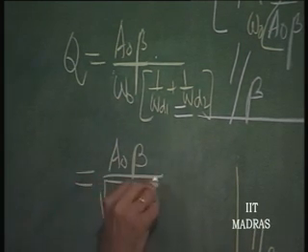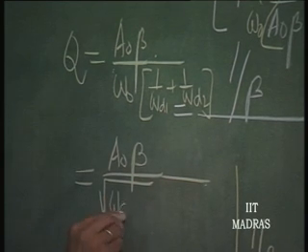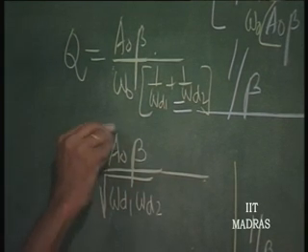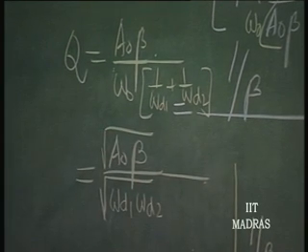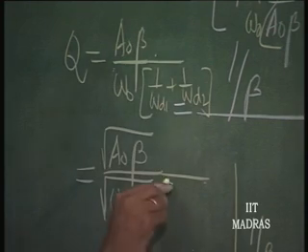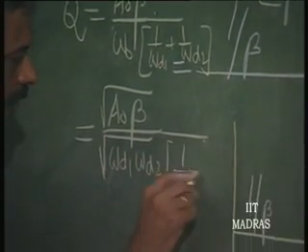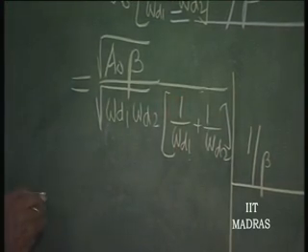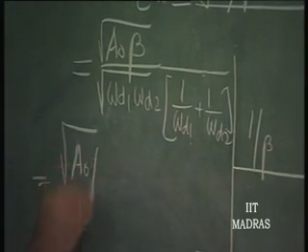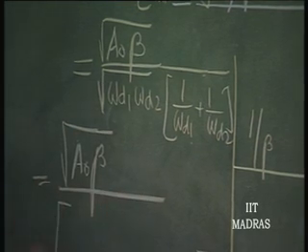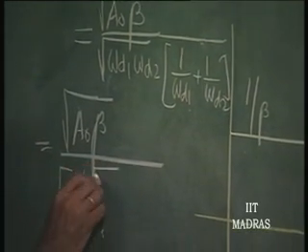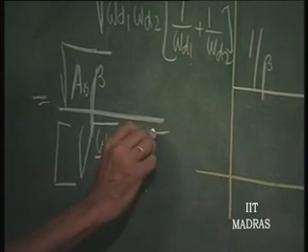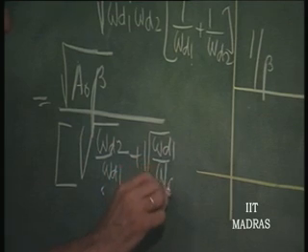Square root of omega d1 omega d2 into root of A naught beta, that will bring about root of A naught beta in the numerator. So, this is root of A naught beta divided by root of omega d2 by omega d1 plus omega d1 by omega d2.